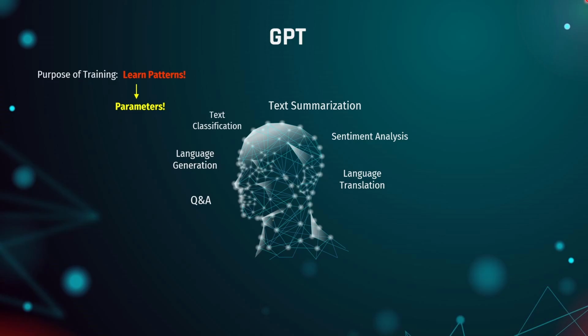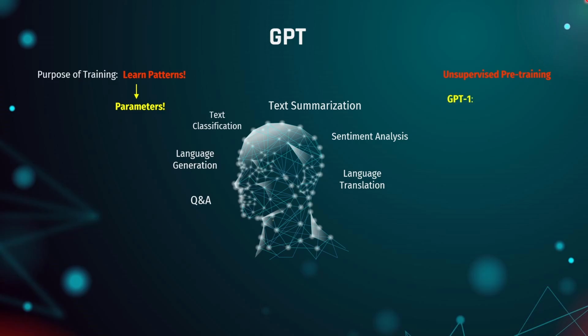So initially we have to do what we know as unsupervised pre-training, where our GPT model does not gain expertise on a particular NLP task, but it tries to generalize its knowledge on any given NLP task, okay? Be it summarization, classification, sentiment analysis, or Q&A, right? It has to gain a general understanding. It has to identify the pattern for all the different tasks. It has to train on everything, okay?